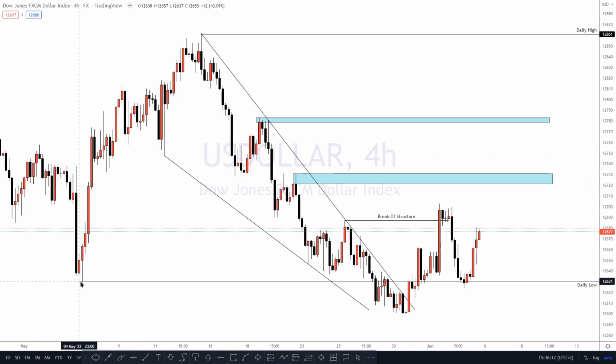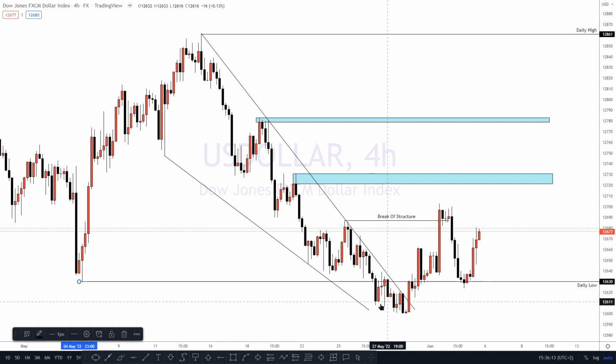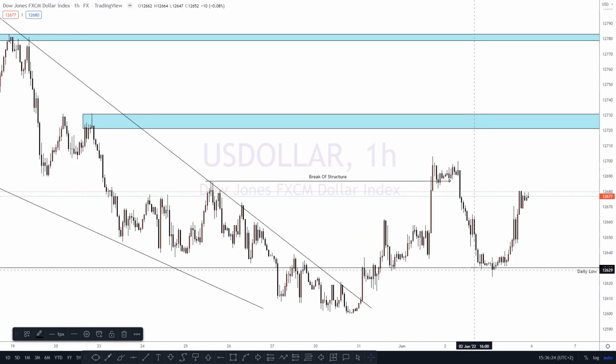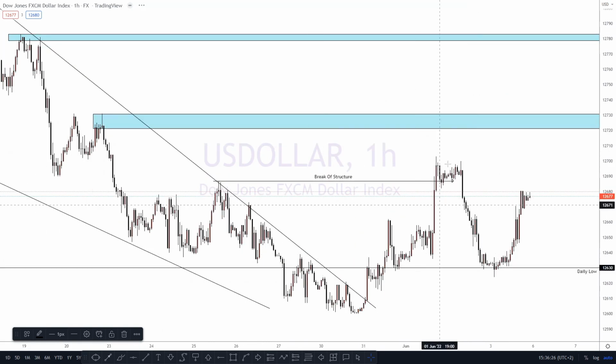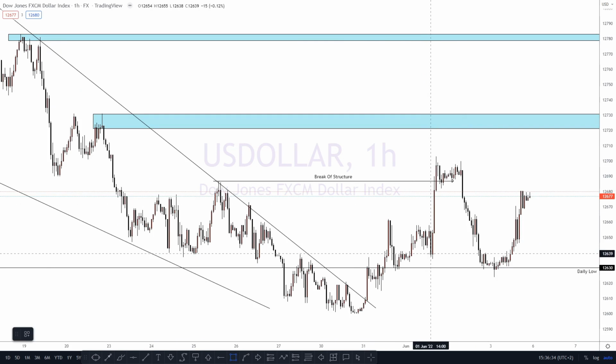But it did a bit of a fake out, to act as if it's breaking below and then push to the upside. And now what are we seeing on 1H? We did have a push to the upside. Price had a 1H high low and also did have another fake out. So this is our 1H high low.